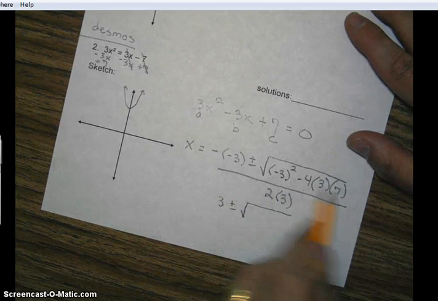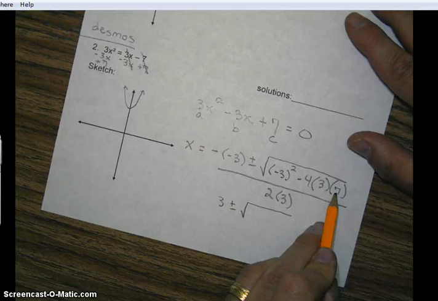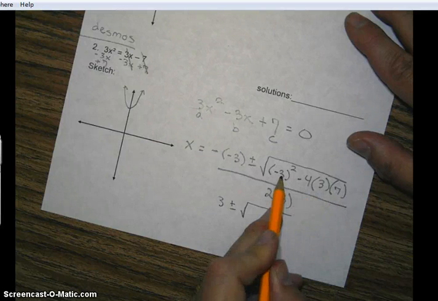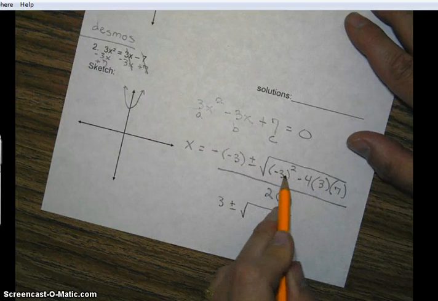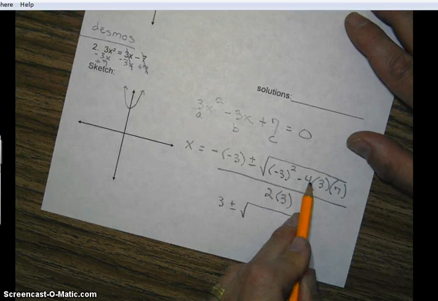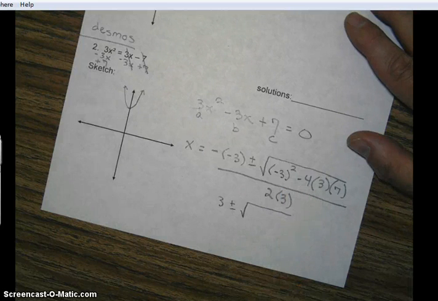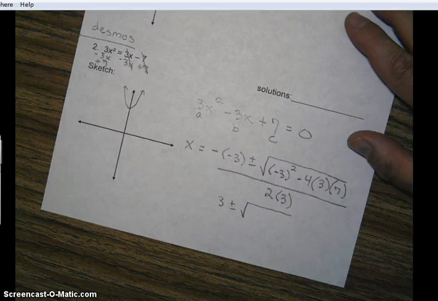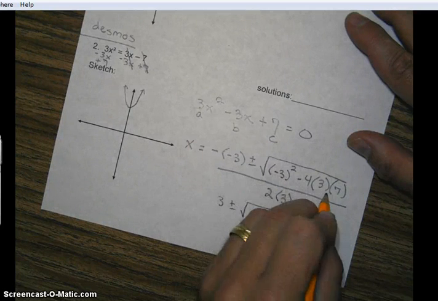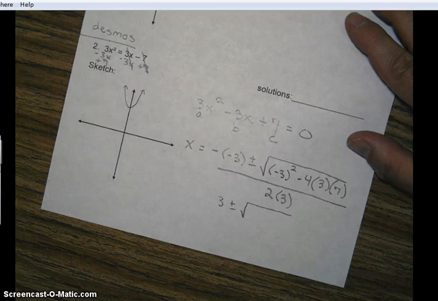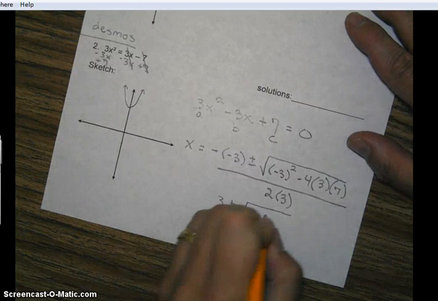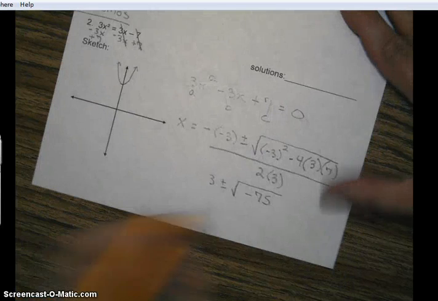Now our discriminant under here should turn out to be negative because we have imaginary roots. So we got 9, and then 4 times 3 is 12, and then 12 times 7 is 84. So we're going to have 9 minus 84, over 6.